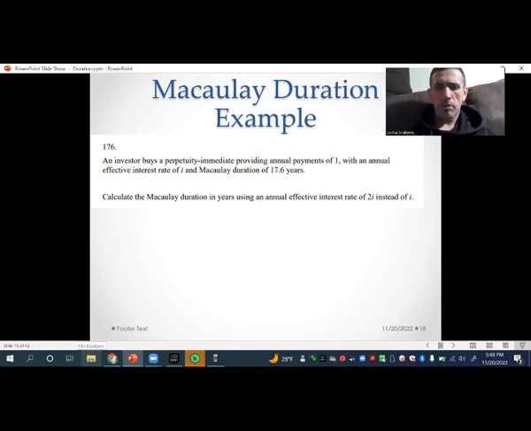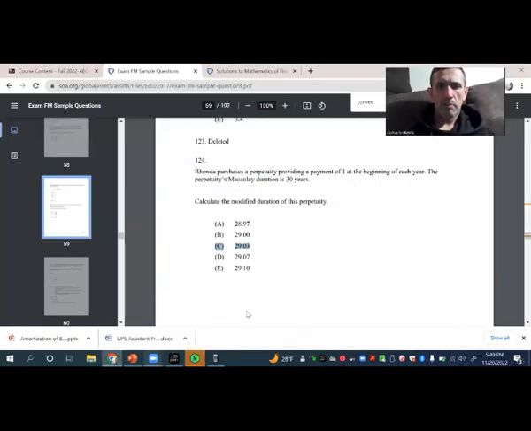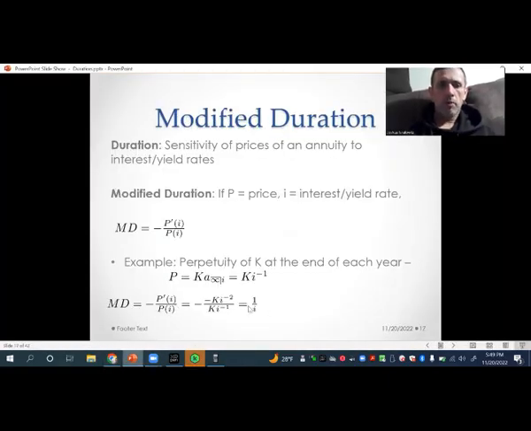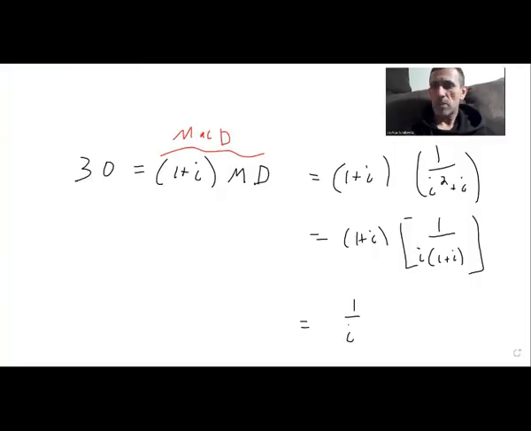Anyway, okay, so for this problem, just use our formulas here. Particularly, let me use the formula here for modified duration. Okay. So we're given 17.6 is Macaulay duration, 1 plus I times MD.